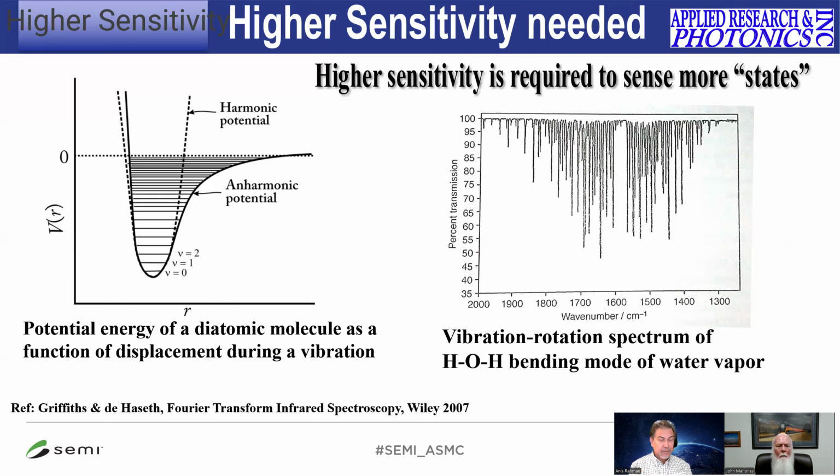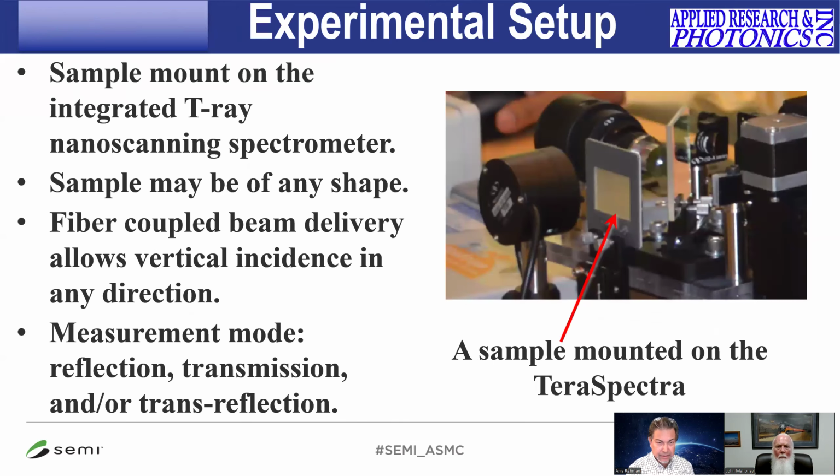This is from the textbook by Griffiths and de Haseth, published by Wiley in 2007. However, if you take water vapor and put it in an FTIR machine, you get only 1 peak. Why is that? That is simply because the sensitivity of the machine is not there to sense all the absorbance that's happening. So that's a critical issue.